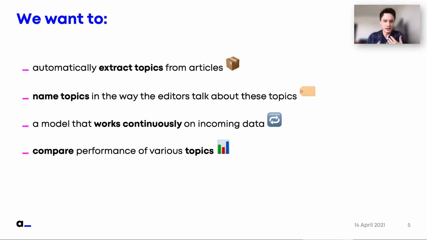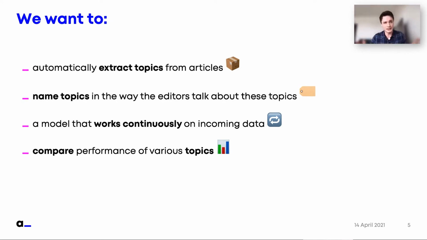Next, considering the large volume of articles coming in every day or week, the topic modeling has to deal with them on the go, and it should run continuously. And lastly, we need to do some data integration in order to compare the topics among each other and see what is the most important thing right now.